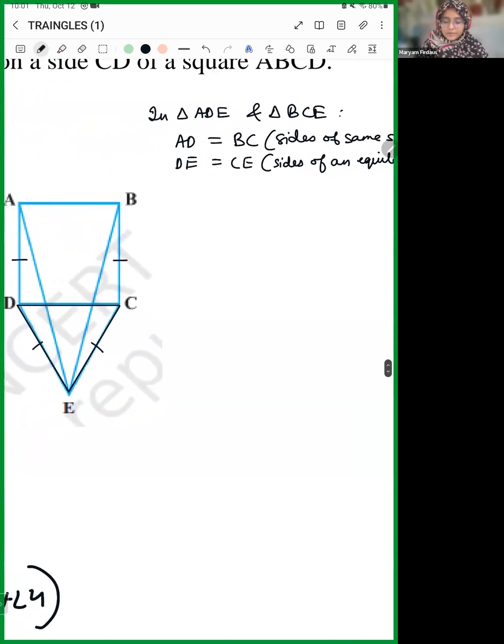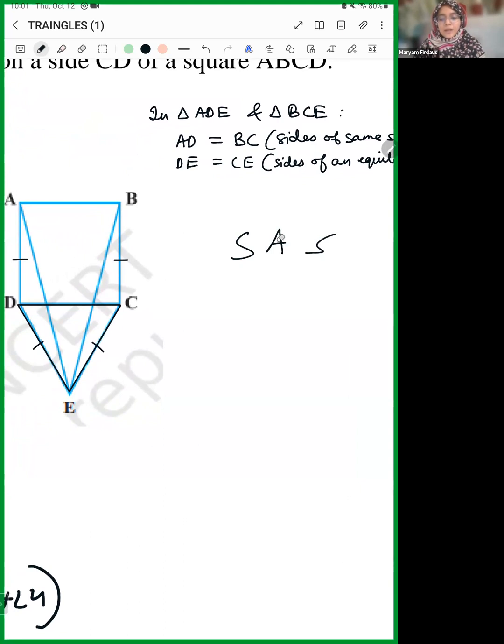Then what else is left? Now we need a side, because when you already have two sides, S, S, either you will need an angle in between them, or a side in between them. So we cannot think of any other angle.